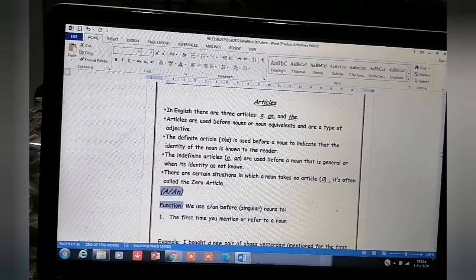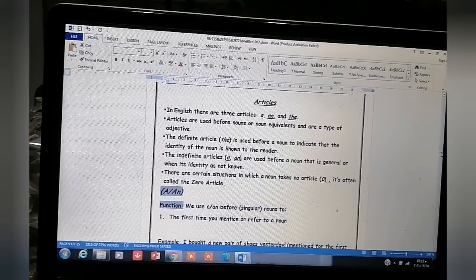The indefinite articles a or an are used before a noun that is general or when its identity is not known, okay? There are certain situations in which a noun takes no article, or zero. It's often called the zero article. Now let's move to a and an.